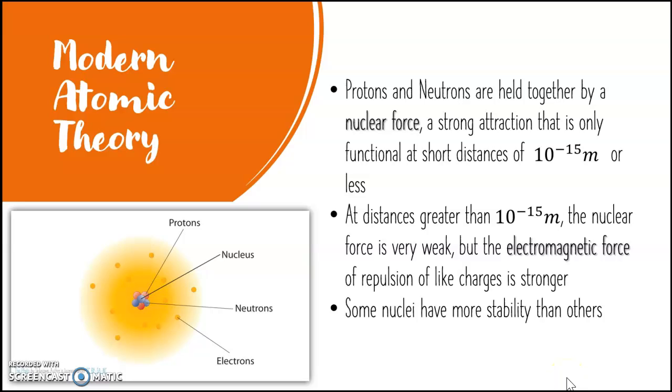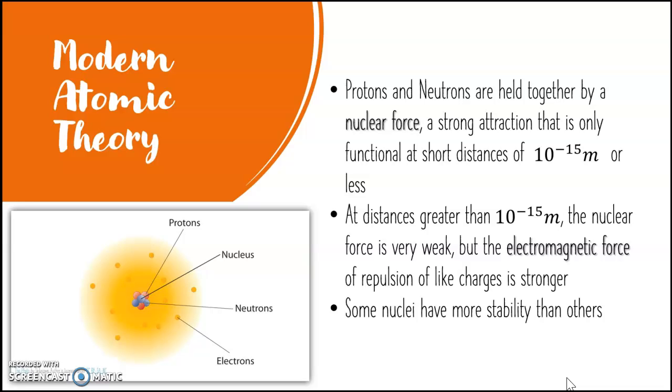So modern atomic theory has us looking at forces again. We looked at intermolecular forces before, but today we're looking at forces within the nucleus of an atom. Protons and neutrons are held together by a nuclear force, a strong attraction that is only functional at short distances of 10 to the negative 15th meters or less.